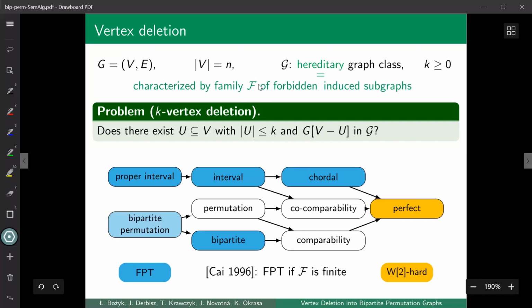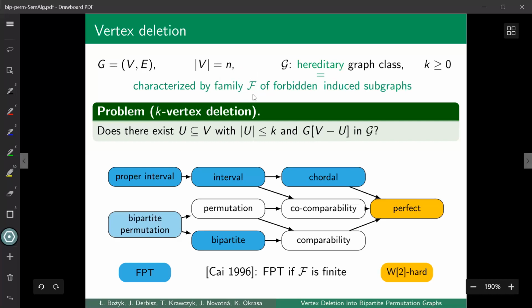Abstractions? Okay, so if we are trying to deduce whether our graph belongs to the class or not, we need to check whether it contains any of the forbidden structures. So if we have an infinite number of elements of F, then we cannot do it in general in polynomial time with respect to n.